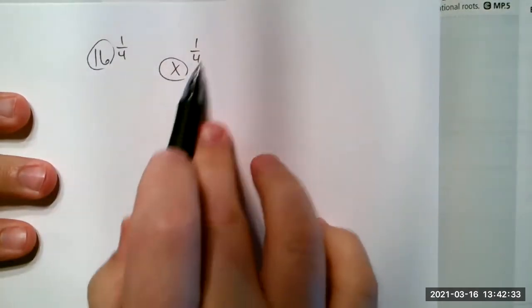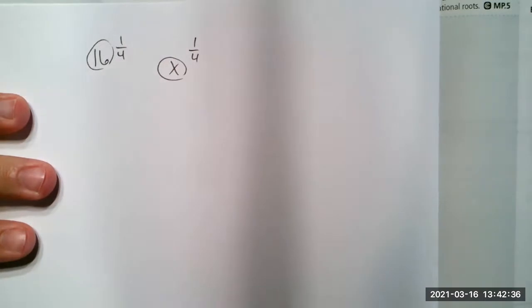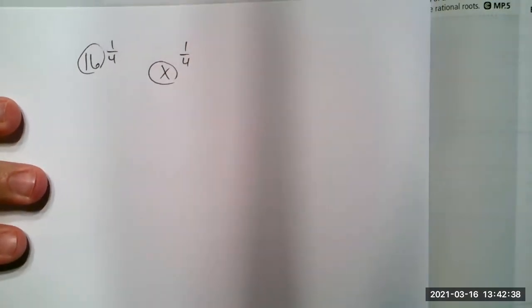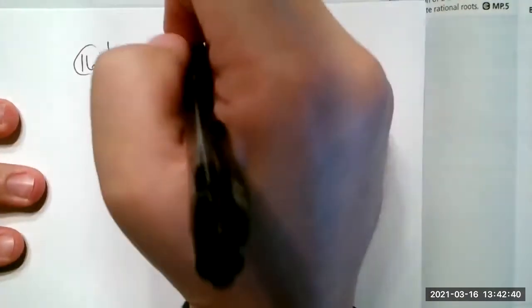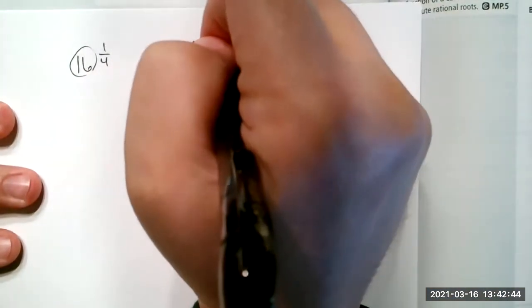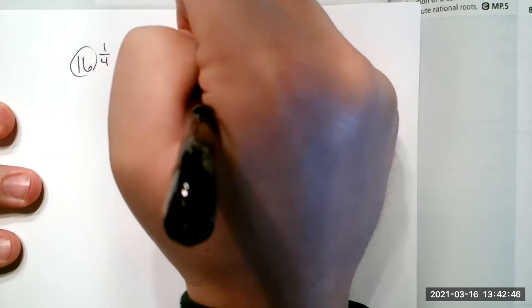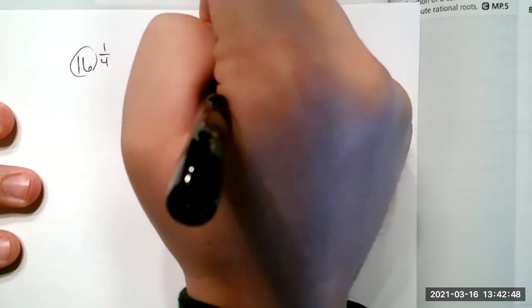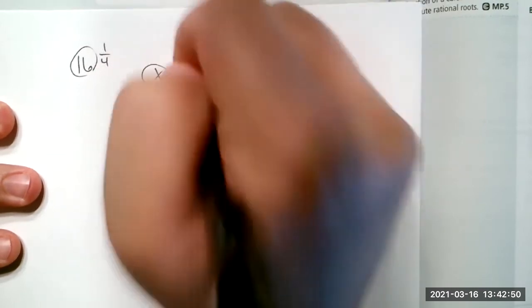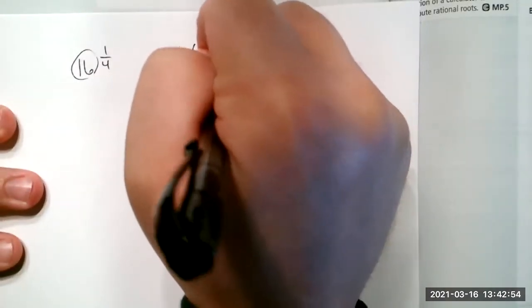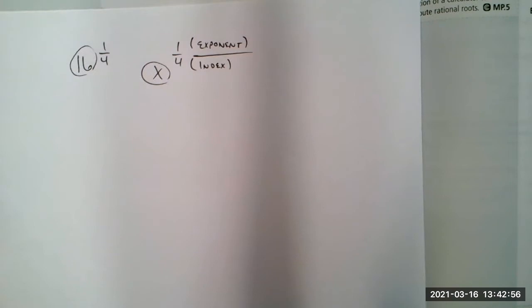If you have something that's being raised to a fractional exponent, the way you can piece this together is my numerator, the number up top, is going to be my exponent. And then that denominator is going to be my index. Okay, so it's exponent over index.